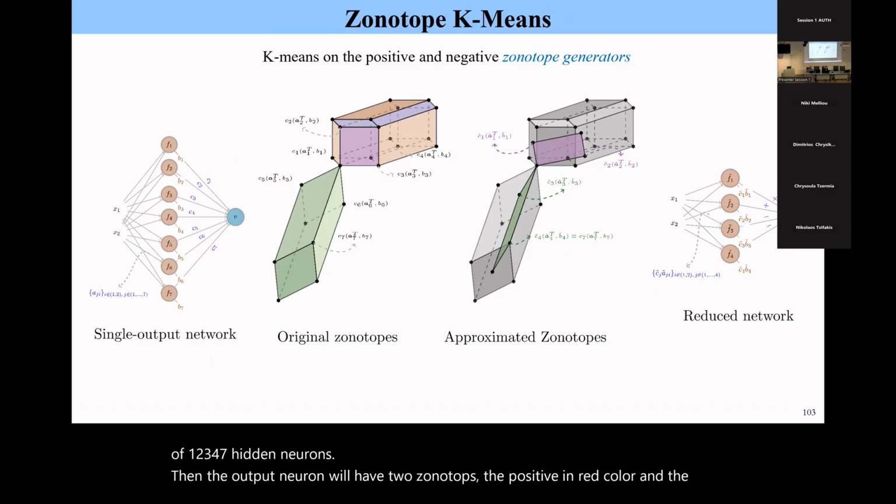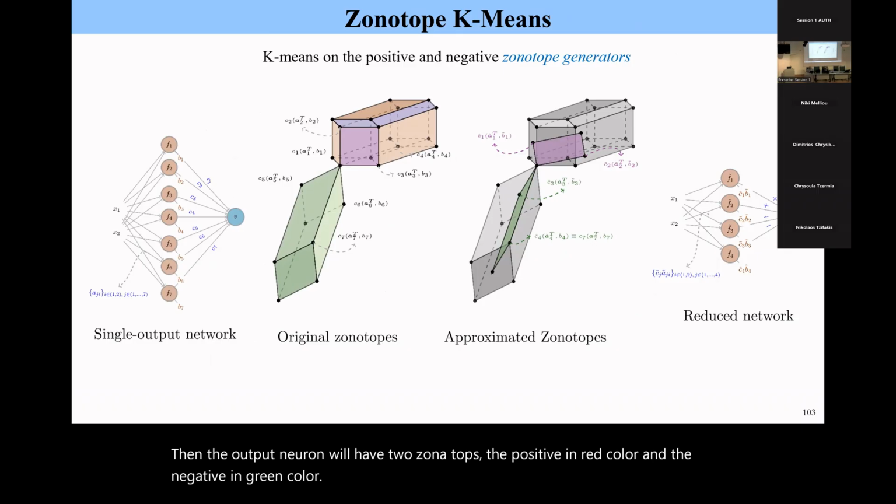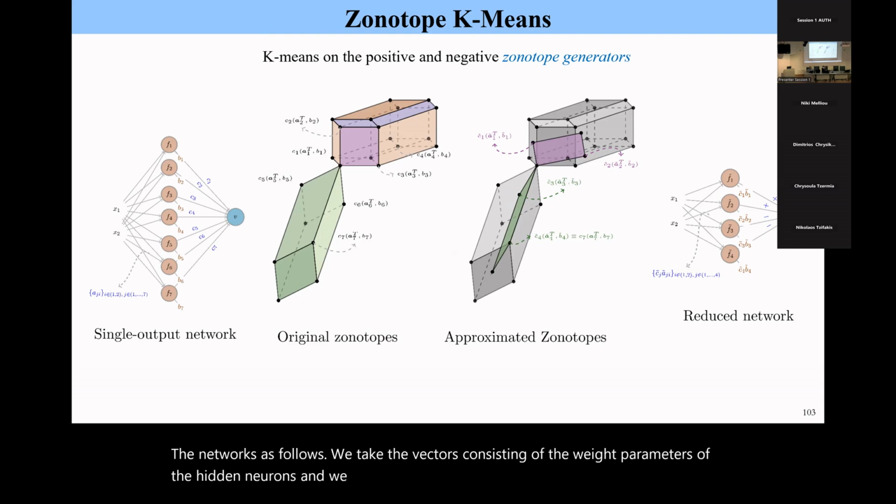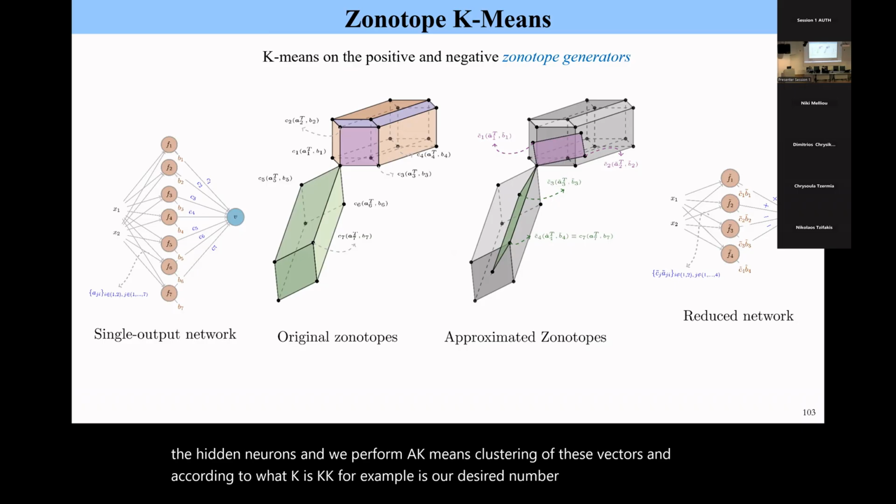Then we have proposed a method to compress the networks as follows. We take the vectors consisting of the weight parameters of the hidden neurons, and we perform a k-means clustering of these vectors, where k is our desired number of neurons to keep.